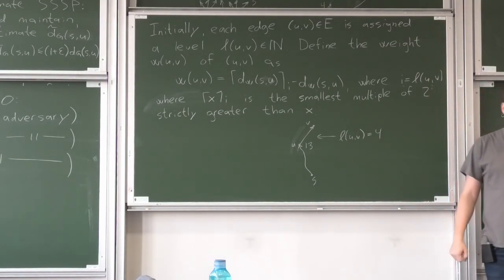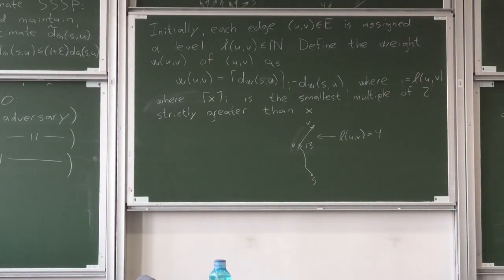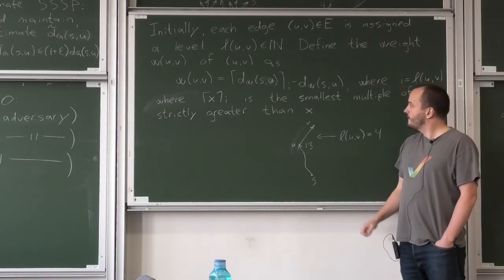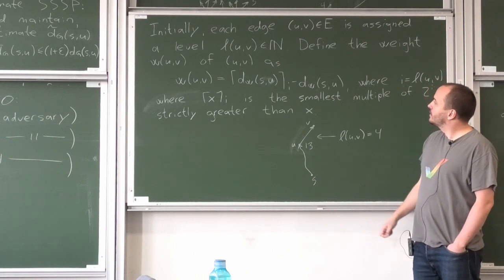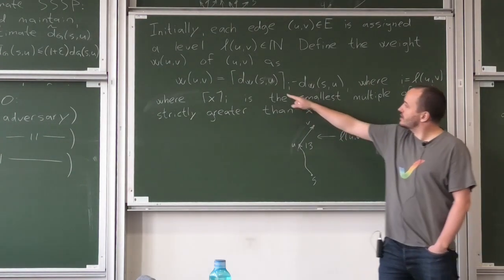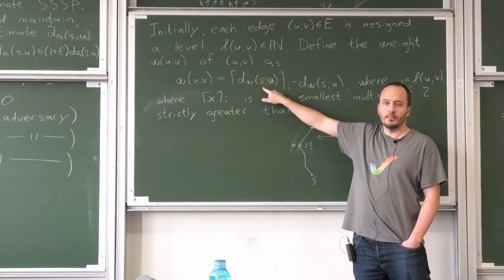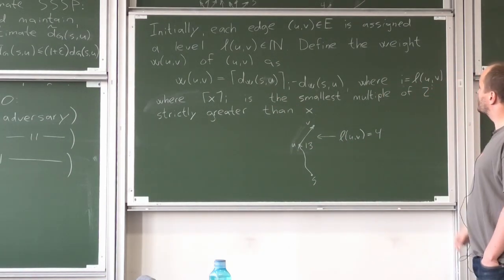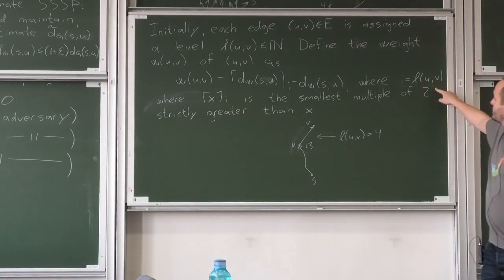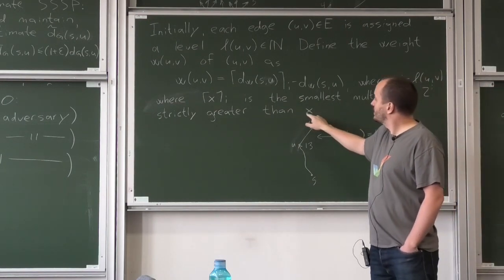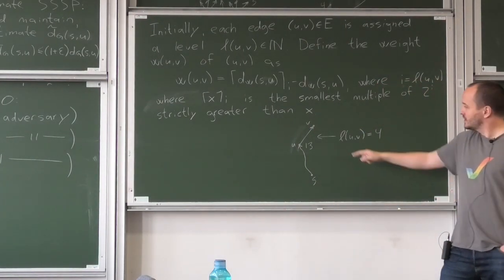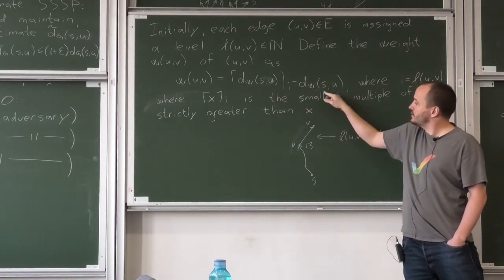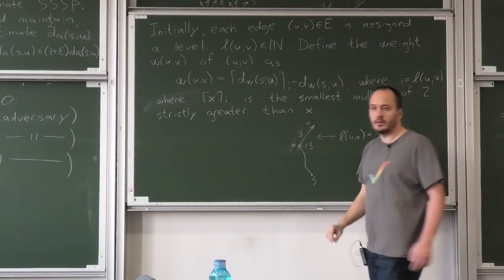What should the weight of this edge be in this example? So what is this value here? You need to look at the smallest multiple of what? 16, strictly greater than 13. That's 16. So this is 16, this is 13, so this should have weight 3, right?